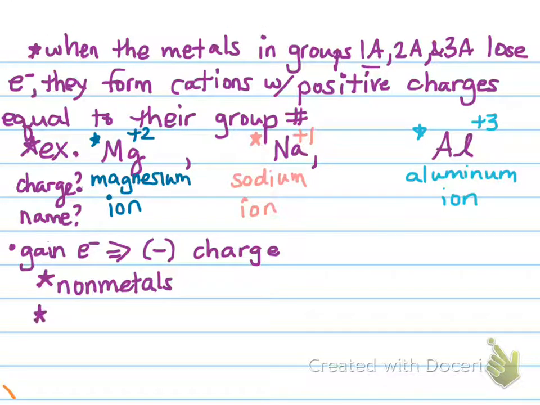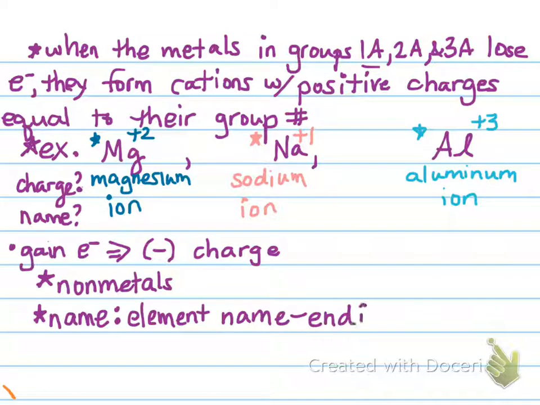In terms of naming these monatomic ions, we're going to take the element name. You're going to remove its ending, and then you're going to add "ide."